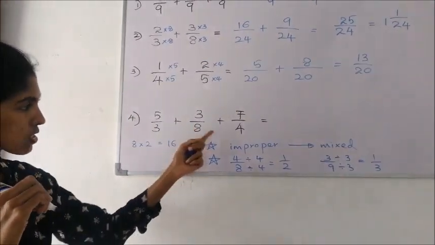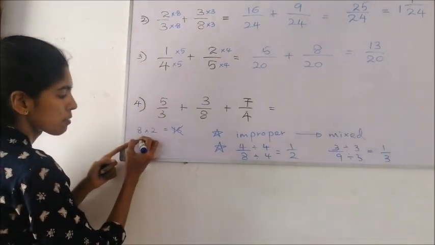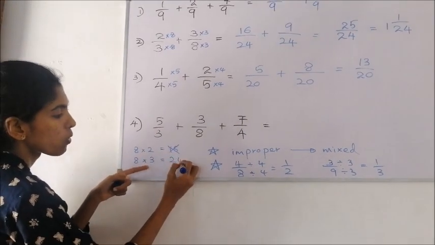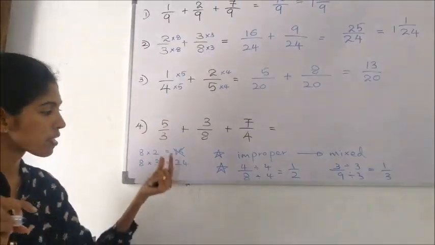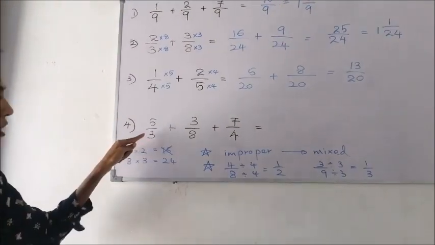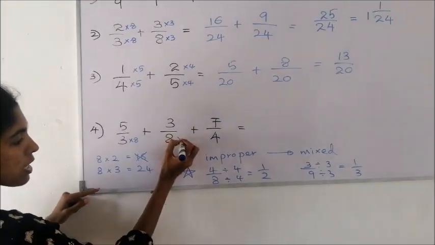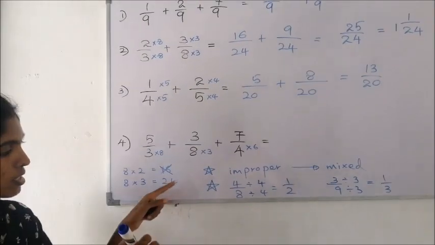No. So this is not the LCM. So we will multiply by the next number, that is 3. 24. Yes, 24 is divisible by 3, 8 and 4. This is the LCM. To make 3 as 24, multiply 3 by 8, 8 by 3, and 4 times 6 is 24.